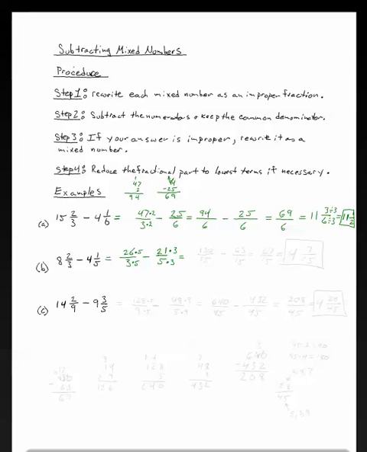So now I need 26 times 5. Well, 20 times 5 is 100, and 6 times 5 is 30. So I'm going to get 130 over 15 minus 20 times 3 is 60, and 1 times 3 is 3.